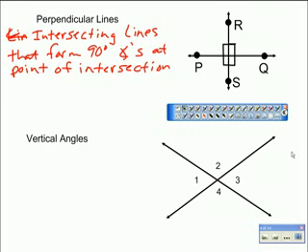Vertical angles are angles that form when two lines intersect and they're diagonal from each other. So in this example, 2 is vertical from 4 and 1 and 3 are vertical.